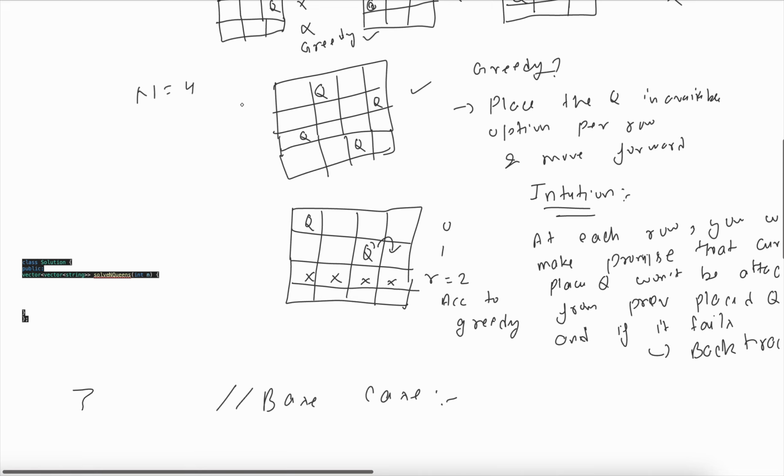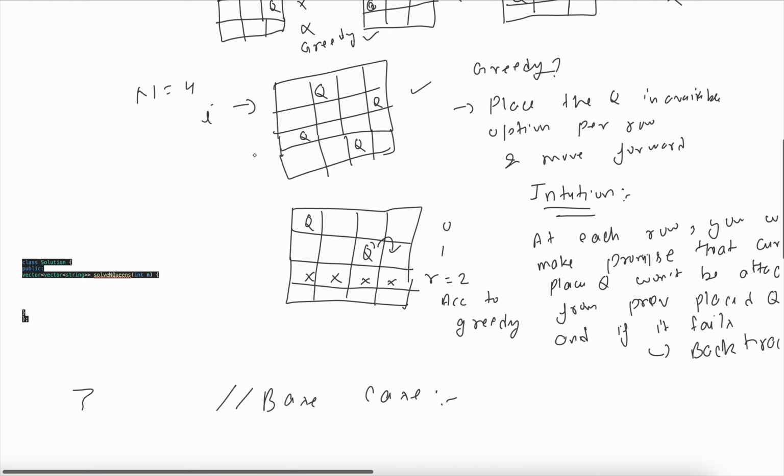We have current I. What is I? I'm trying to place q at the ith row. So my promise looks like that only: I'm trying to place q at the ith row such that it won't get attacked from the previously placed q. So we have our I, we have a board, and we have a current solution.